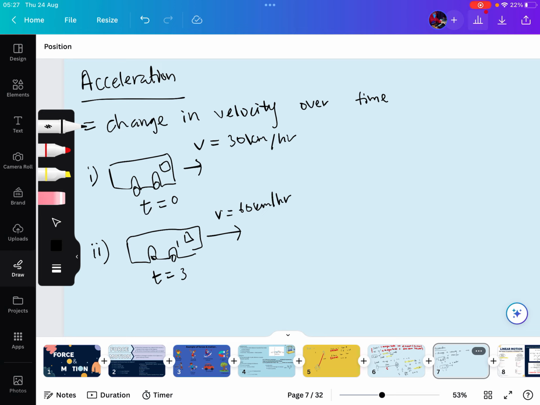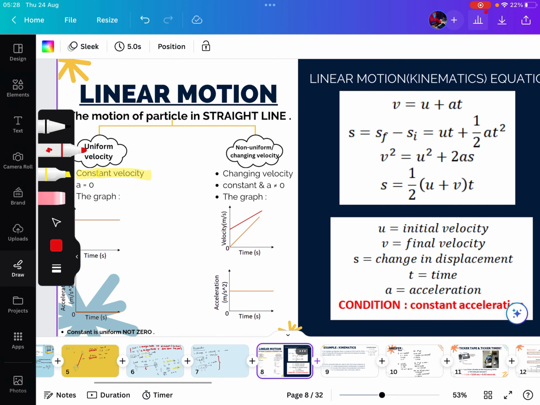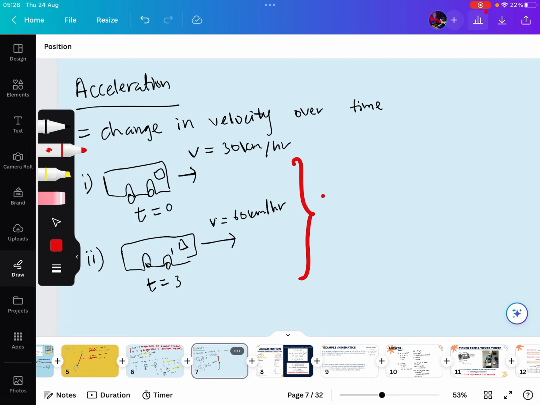So when this bus changes its velocity over a certain time, we define the bus to be accelerating, which means it is getting faster.